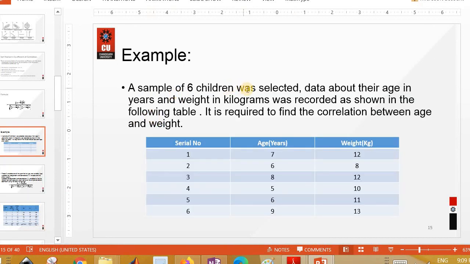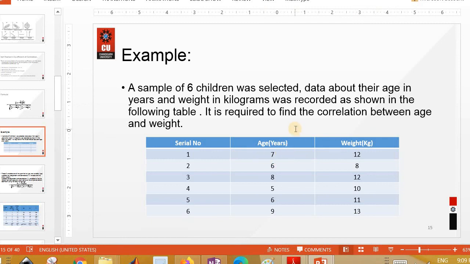A sample of 6 children was selected. Data about their age in years and weight in kilograms was recorded as shown in the following table. It is required to find the correlation between age and weight. So here these are the n number of children, n equals 6 here. Six children are given and data is given in the form of age and weight.